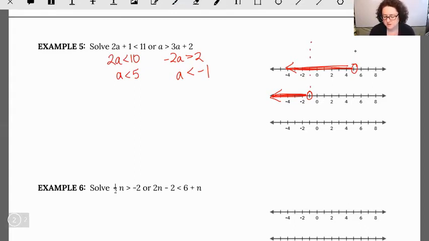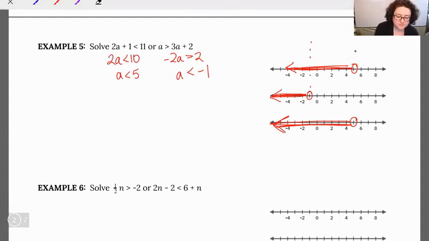So this is going to look a little strange. I'm going to actually graph this as an open circle at the 5 and then everything to the left, not just the intersection. Because that way, if I pick some point, let me change colors. So let's say I pick a point over here, and I pick the point -3. It definitely works on that first inequality, A is less than 5. But it doesn't work on our second inequality, A is less than -1.